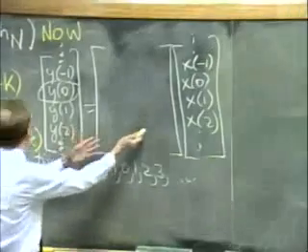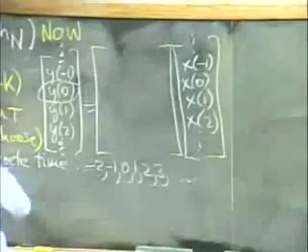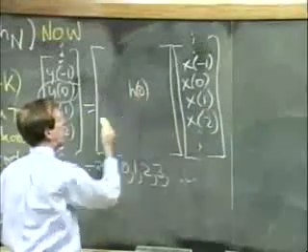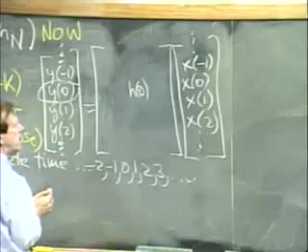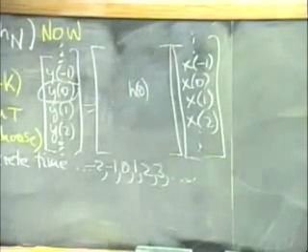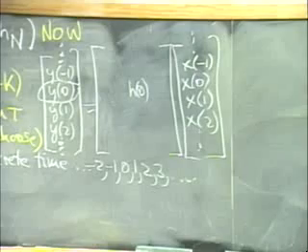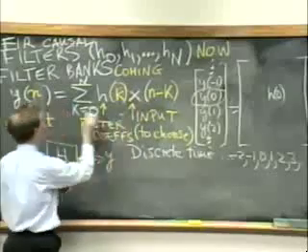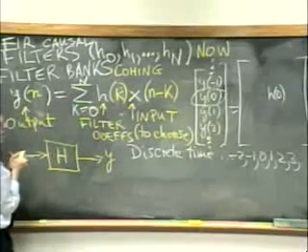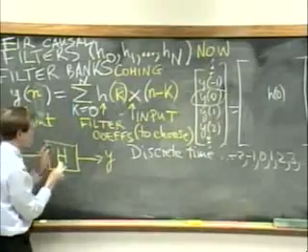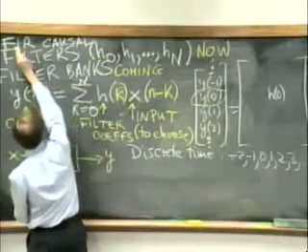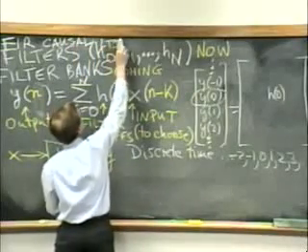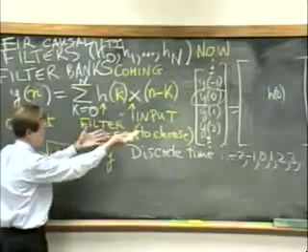And I act on those with this filter H, which multiplies x of 0 by h of 0. I even highlighted with yellow this fact that the two indices add to n. It's a convolution. It's linear time invariant. So it's FIR, it's causal, and it's linear time invariant. I'm squeezing in key facts, but they're all evident here.